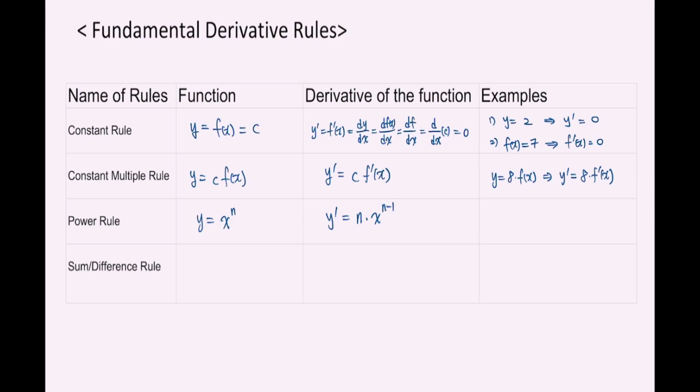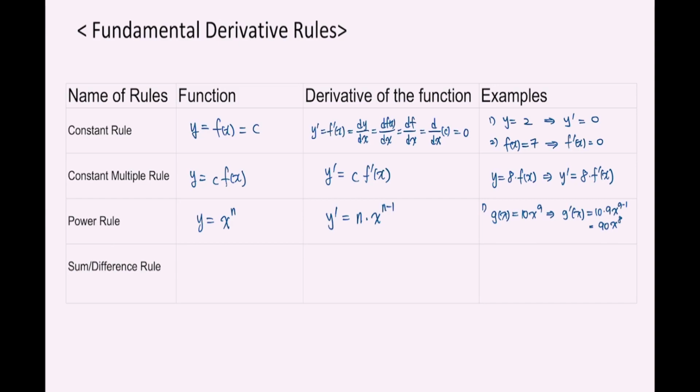Looking at the example, when g(x) is 10x to the 9th power, then g prime of x is equal to 10 times 9x to the 9 minus 1 power, which is 90x to the 8th power.